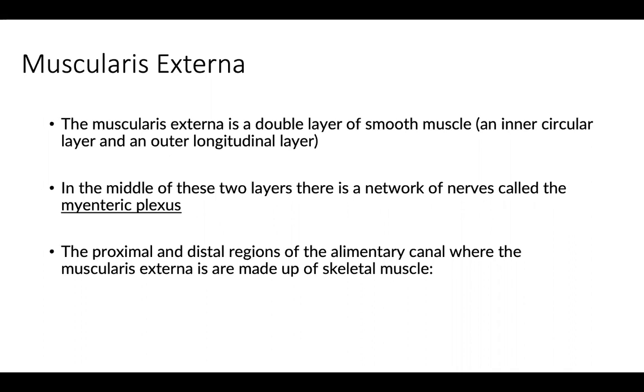And the proximal and distal regions of the alimentary canal, where the muscularis externa is made up of skeletal muscle, are the mouth, the pharynx, the upper esophagus, and anus. So pretty much the skeletal muscle is included in these areas because it allows for voluntary control over defecation and swallowing, which are definitely important in the anus region and the mouth for sure. So that's why that skeletal muscle is included there.